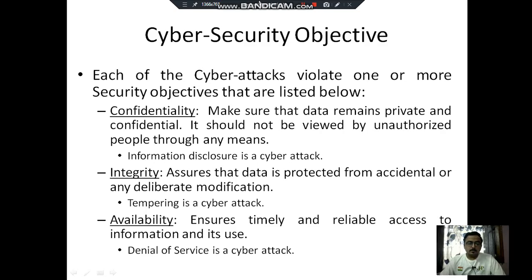Somehow, whatever services are available on the internet can be denied by some attack. So we have to take care of these three aspects of cyber security objectives.